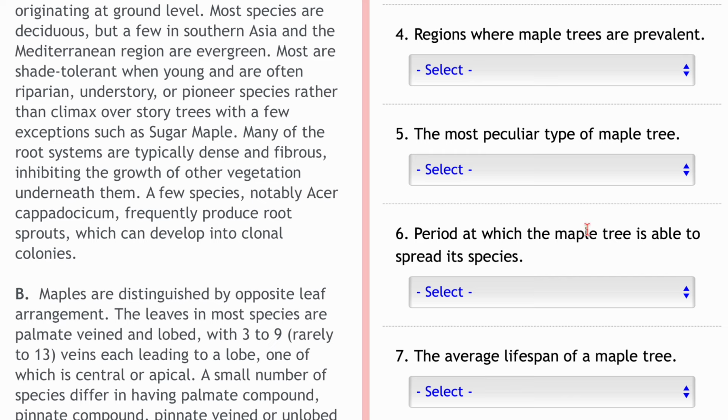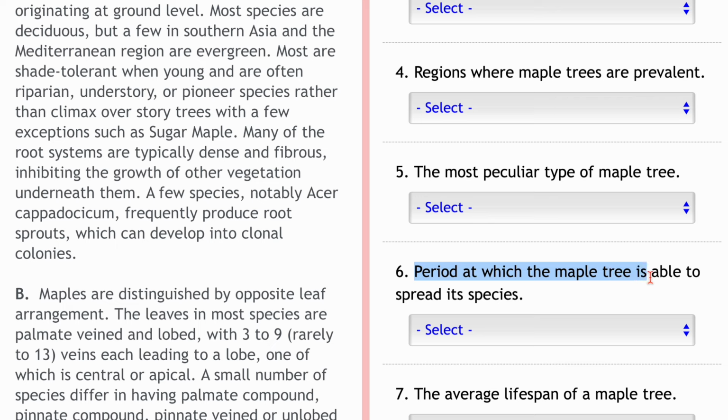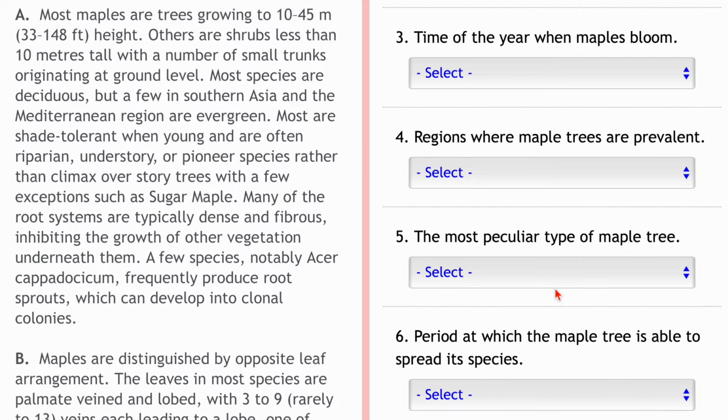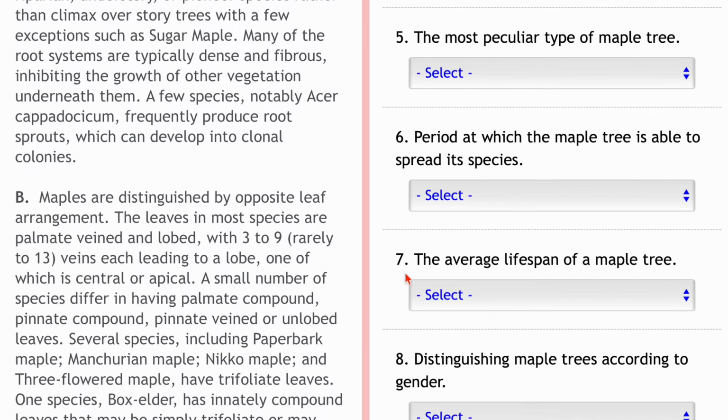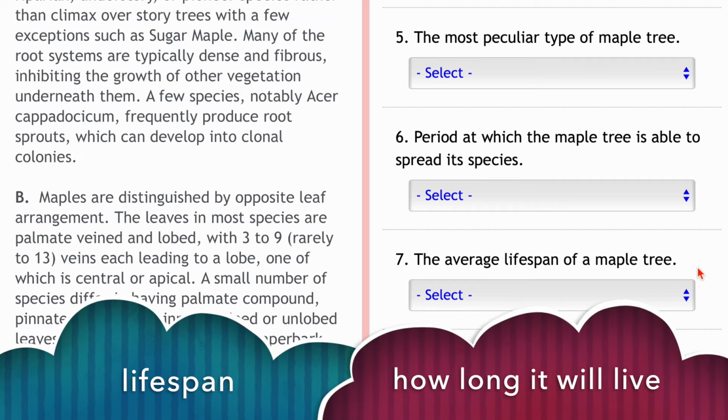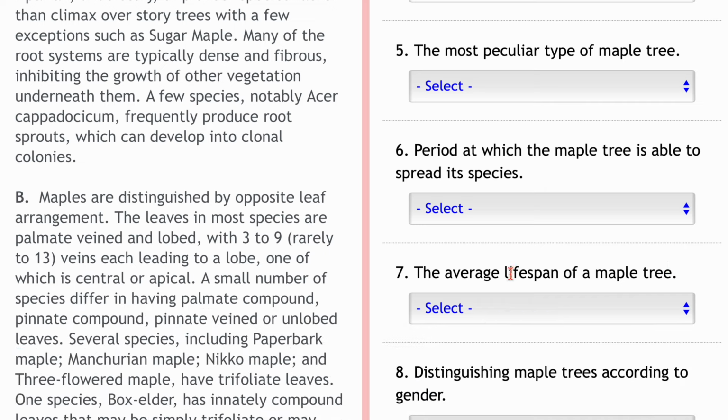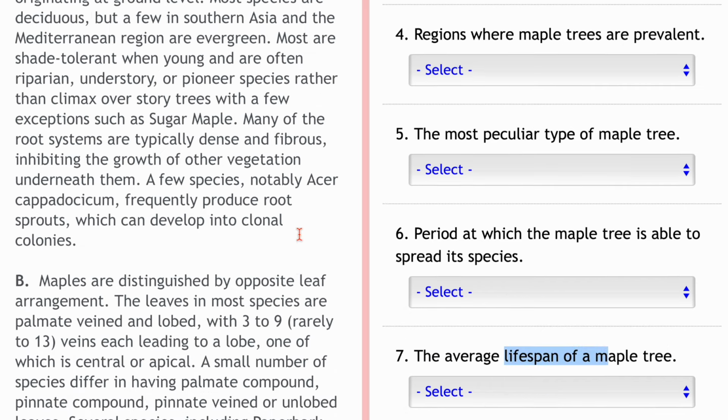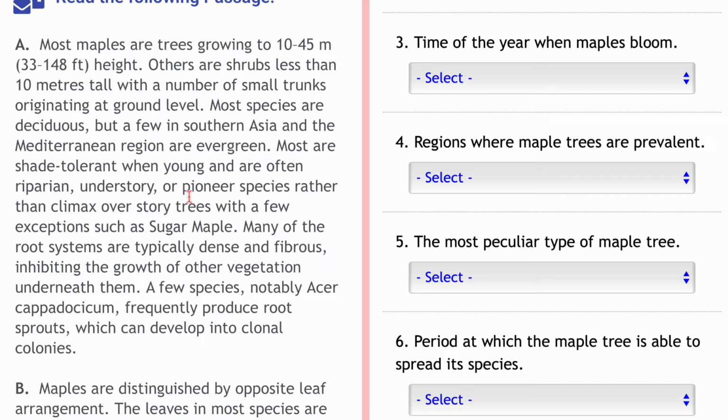So, is that one an A? Spread, where it can spread its species. Period at which, no, right? I also didn't see anything there about spreading itself. No, I didn't. 7. The average lifespan of a maple tree. Lifespan, is it an A? No. How long it can grow? I didn't see that there either.